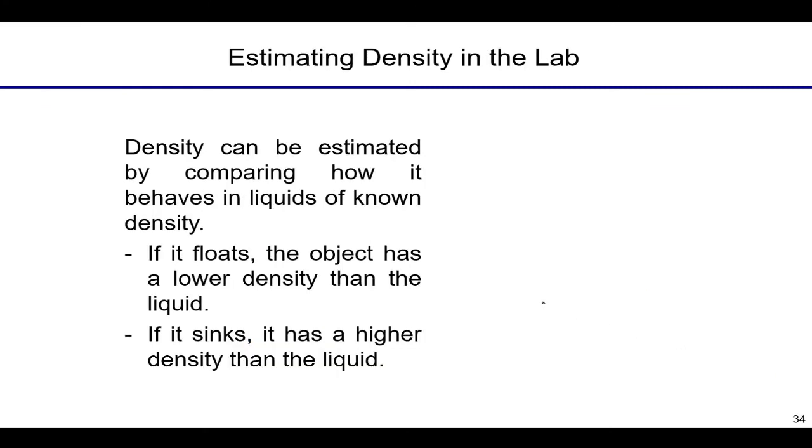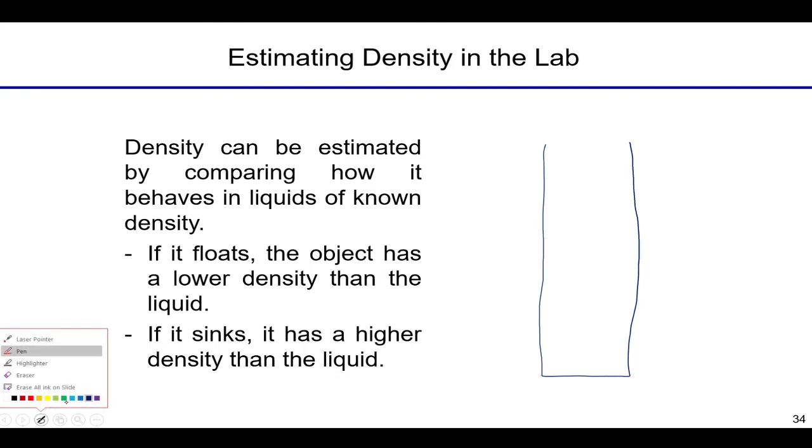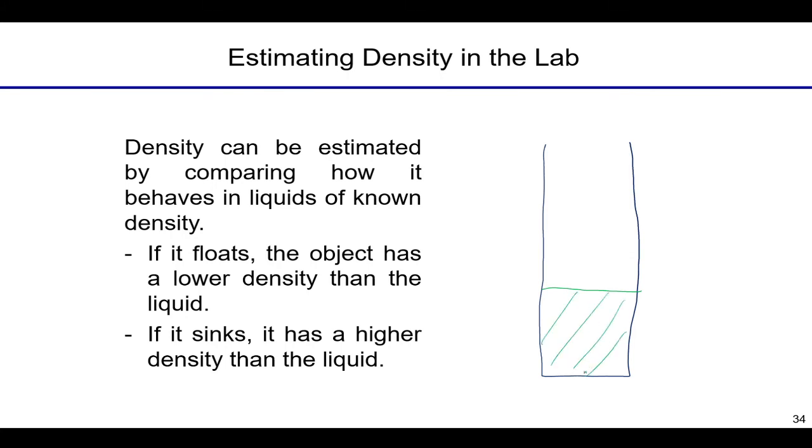Now, you can estimate density in the lab as well. Maybe you don't have a way of calculating mass and volume separately and dividing them out. Or maybe you just want to take a shortcut. So one of the things you can do is get a graduated cylinder. Pretend that's what I've drawn here. And maybe down here at the bottom, you put a liquid that is very dense.